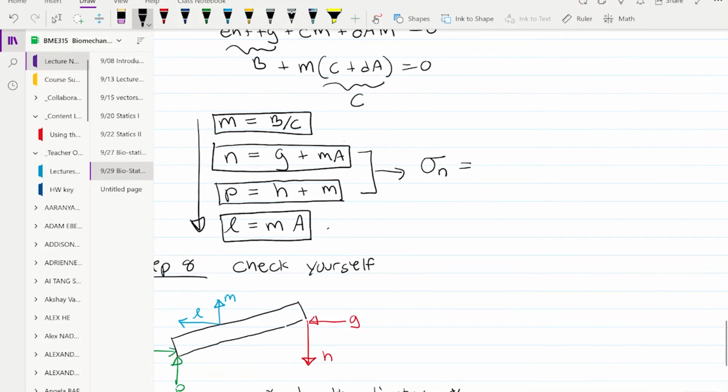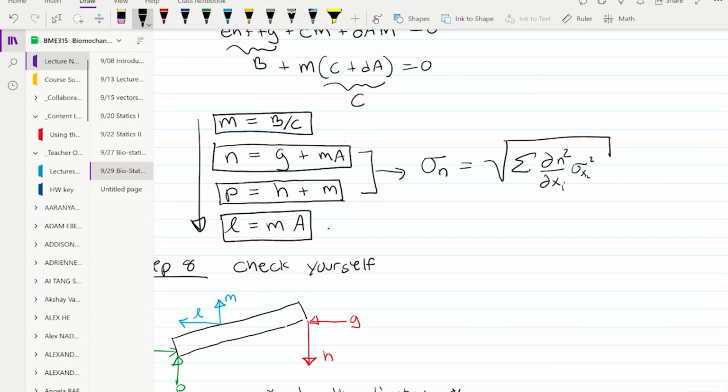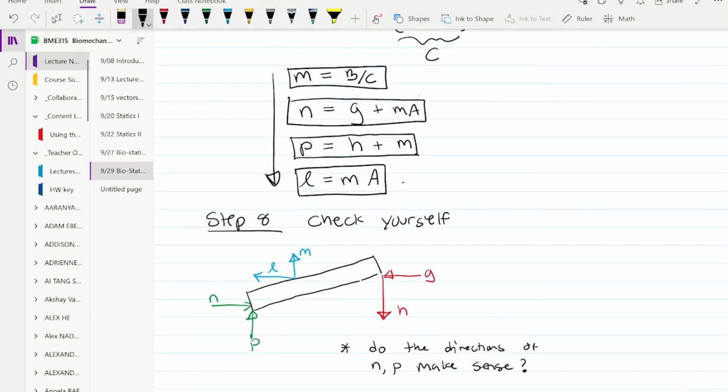That's the square root of the summation of the partial of N with respect to each variable squared times the sigma of each variable squared. Here that wouldn't be very hard. I would have to have G in there, I would have to have M in there. That would be a lot of work, but if you wanted to do it, you would use these equations for your uncertainty.